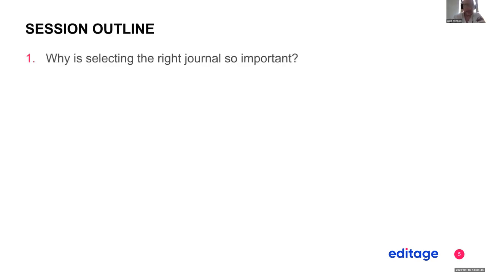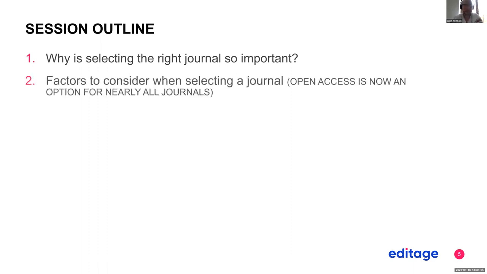So just to outline the first hour of this webinar, the first question is, why is selecting the right journal so important? And then there are some factors to consider when selecting a journal. And open access, I mentioned this in my introduction, is now an option for nearly all journals.